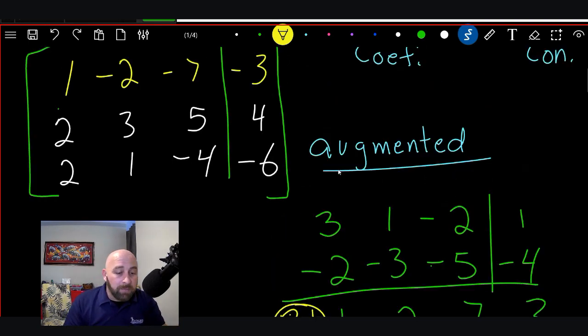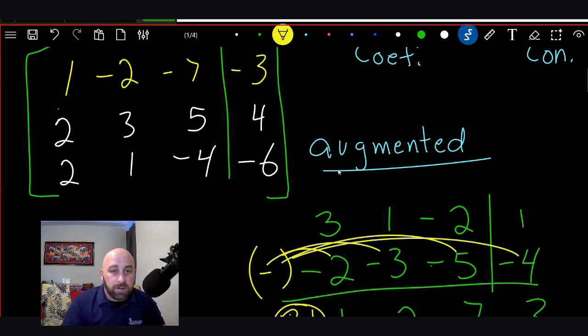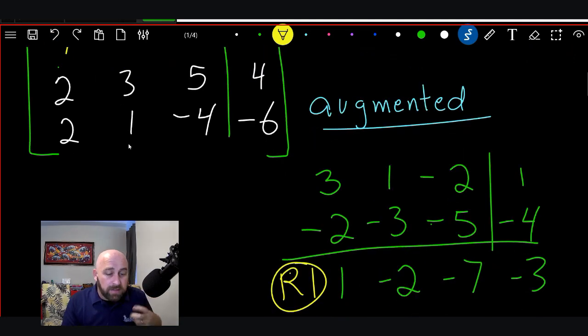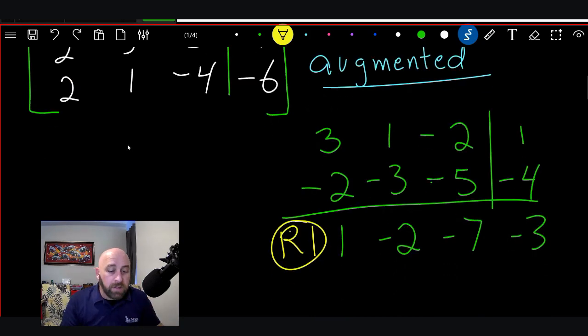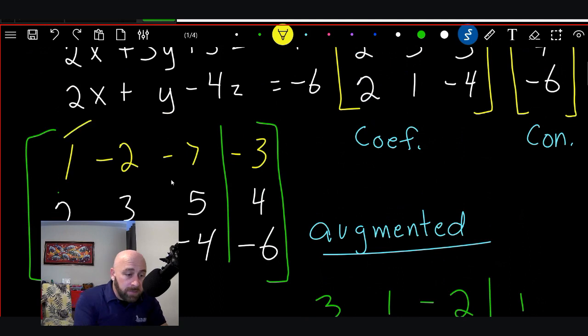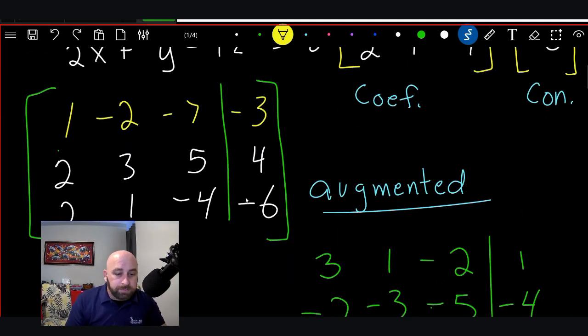Remember, I had to multiply that negative through my row 2 in order to make that happen. You may have to multiply it by something too in order to get it to go to 1. But the thing that you have to focus on there is I have to get row number 1, the first element, to a 1. You don't have to worry about any of the other elements. Just element number 1. We need to get that to a 1. That's vital. Okay? All right, so here's my new augmented matrix with my new row number 1.